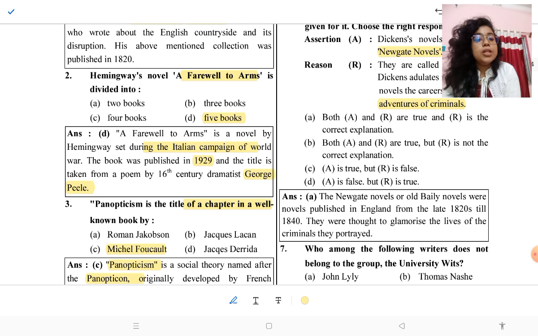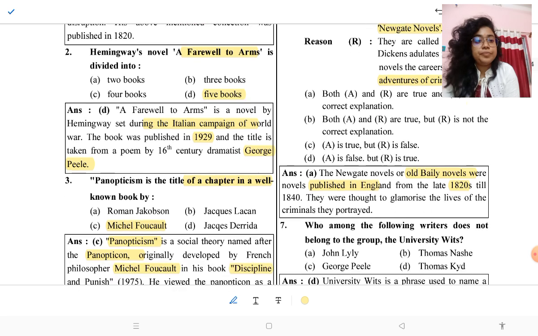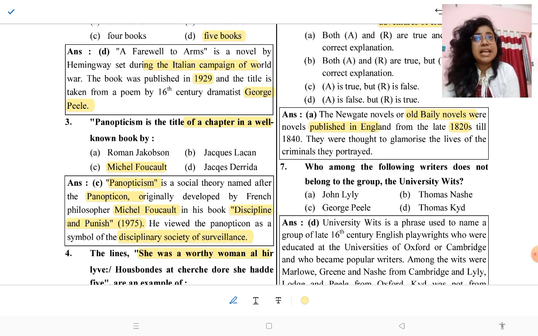The Newgate novels or Old Bailey novels were published in England from the late 1820s till the 1840s. They were thought to glamorize the lives of the criminals they portrayed, because Dickens himself was in prison because of his father.